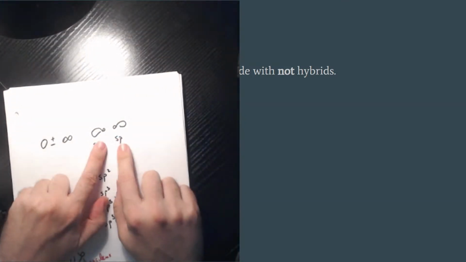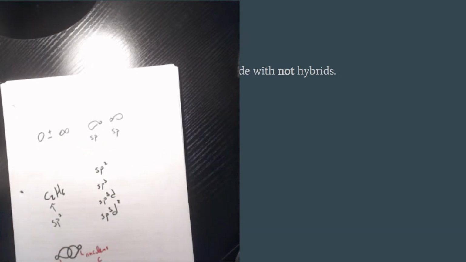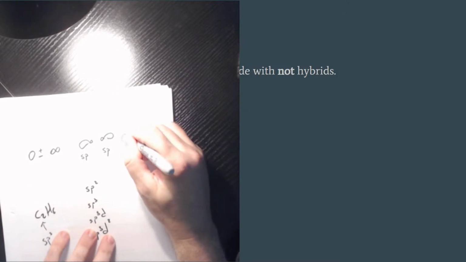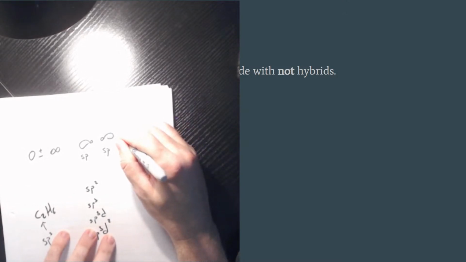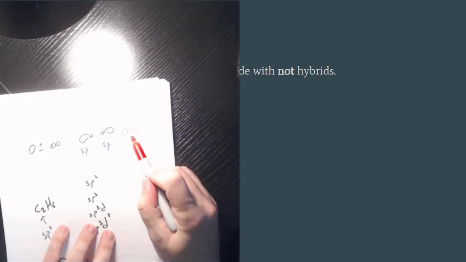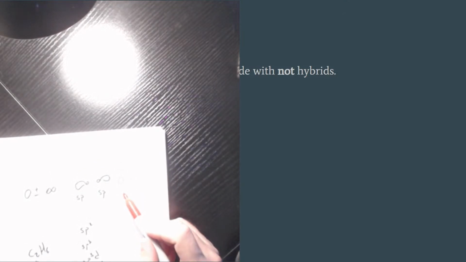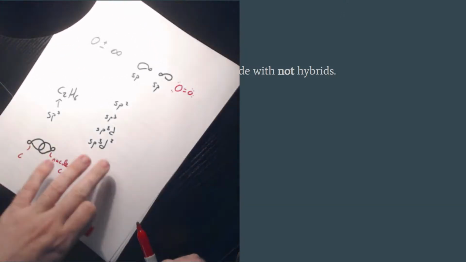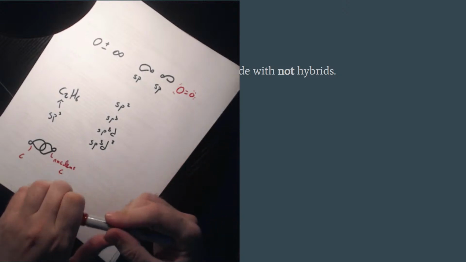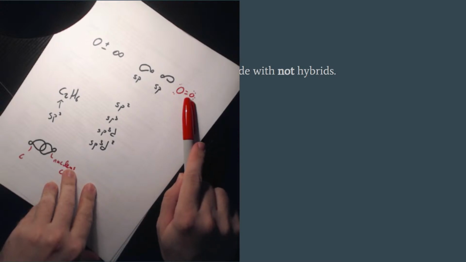So if we're making a linear molecule, say we're just trying to combine the two atoms to make oxygen, right? In order to form that first bond, we have to use the p orbital that's pointing directly between the two oxygens.